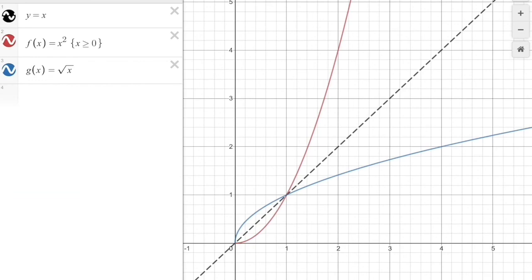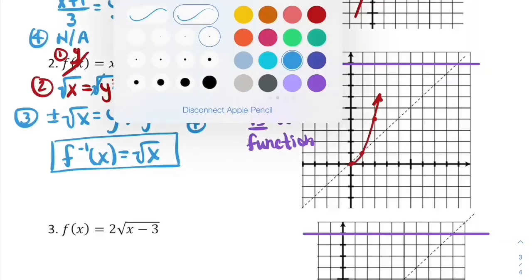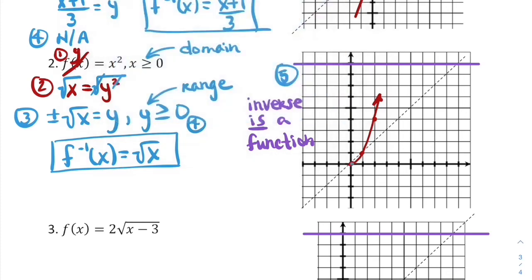So I have those opposite points, and I can plot. Let's plot our points at 0, 0, 1, 1, and at 4, 2. And then I can draw my radical function. Kind of looks like a sideways half parabola.